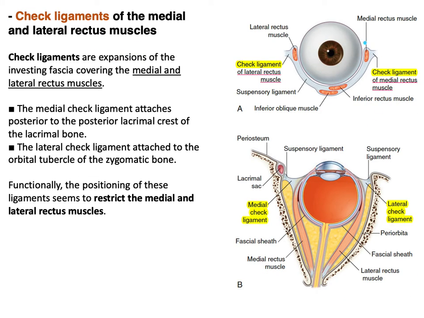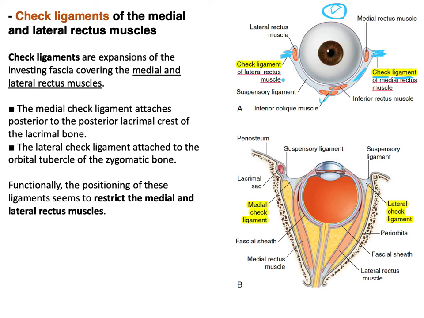It's attached laterally and medially by ligaments called check ligaments. Check ligaments are not new ligaments. They are a thickening of the same sheath, like the suspensory ligament, like the common tendinous ring, but they thicken not posteriorly and inferiorly, but also laterally to form this ligament.